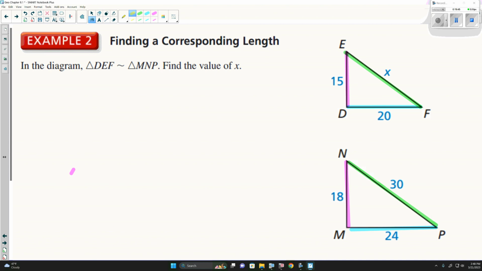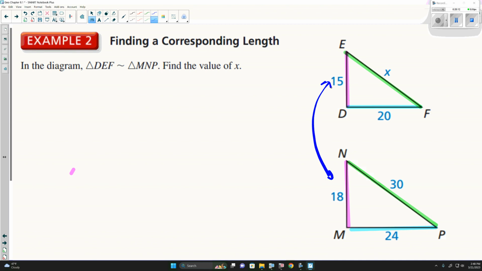So that means the scale factor of 15 over 18 or 18 over 15 would be the same as 24 over 20 or 20 over 24, as well as our x over 30 or 30 over x, yes? So the scale factor, what we'd multiply to go from here to here, or vice versa, should be the same, yes?